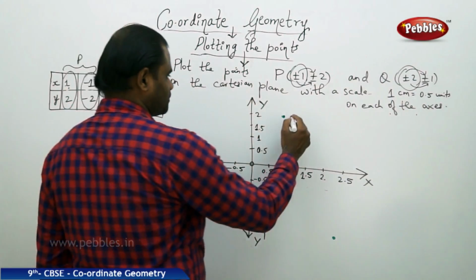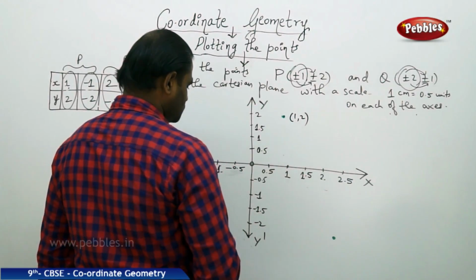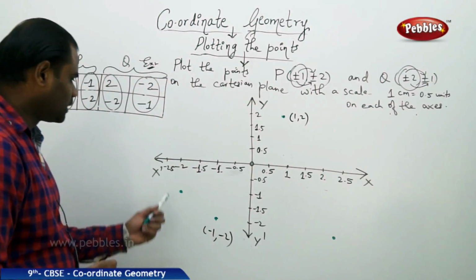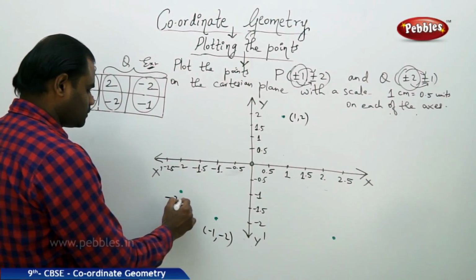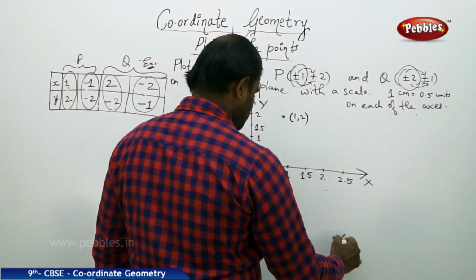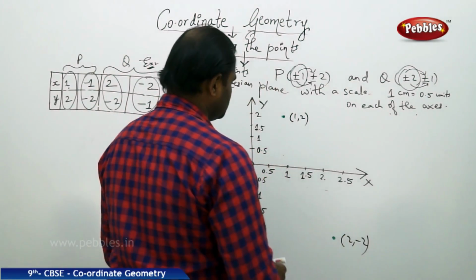This being 1, 2, this being minus 1, minus 2, this point being minus 2, minus 1, and this point being 2, minus 2.